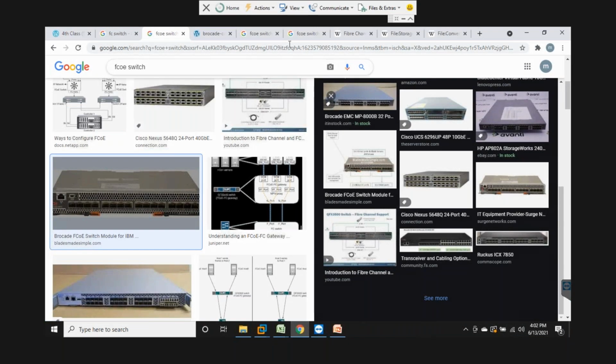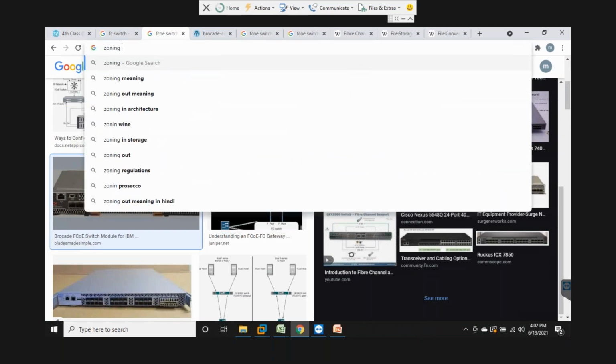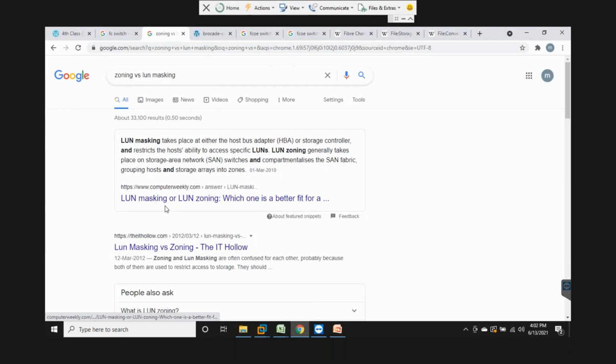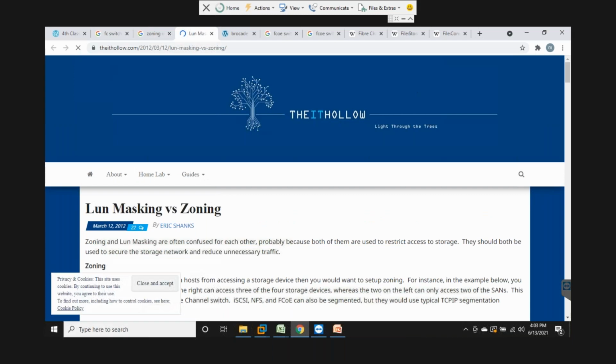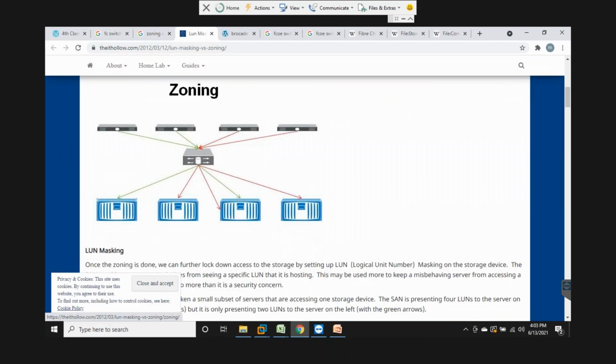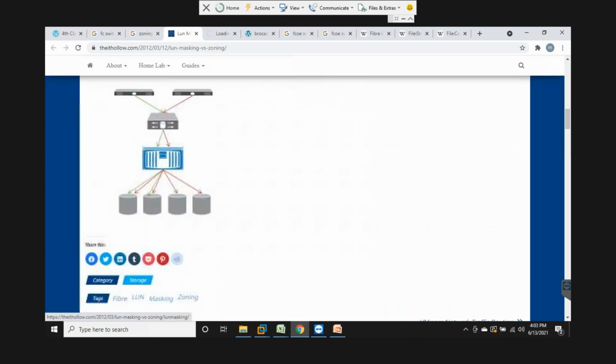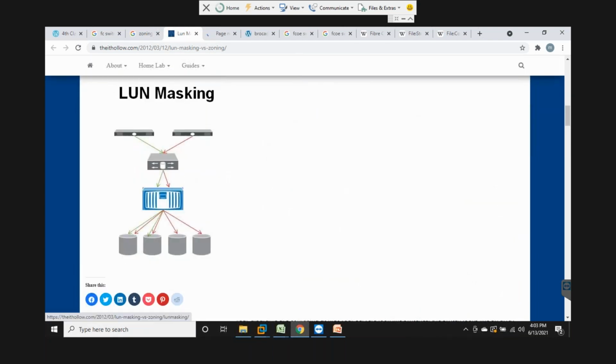I will share one good article, zoning versus LUN masking. This picture is enough to understand the concept. And for masking also, this picture is enough to understand the entire theory or concept.